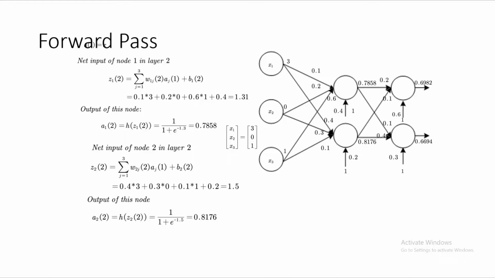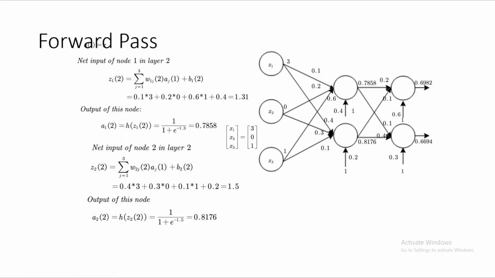This 0.301 is the activation value for the first node in the first layer, and 0.758, 0.8176, 0.6982 are the activation values for the nodes in layer 2. The inputs of 1 associated with the first layer are bias values. We just assume we put 1 as a bias value.